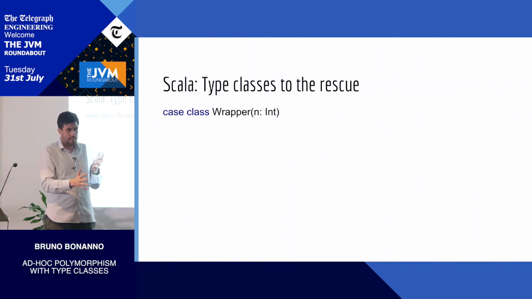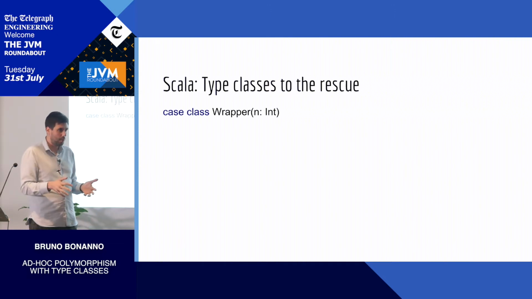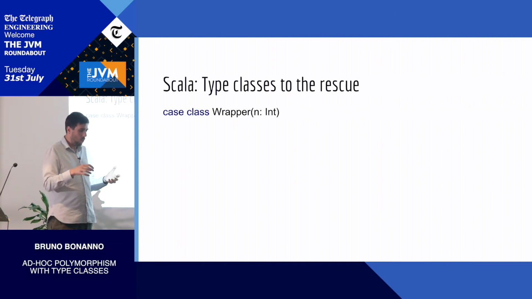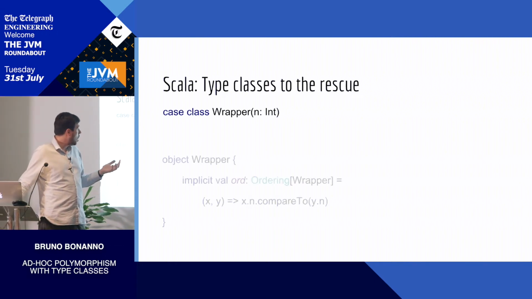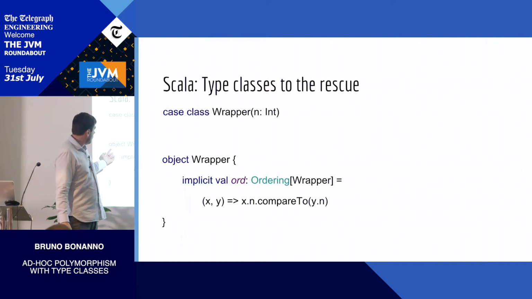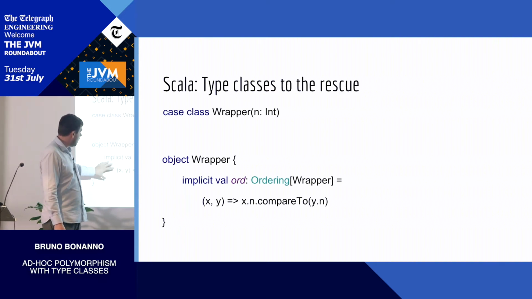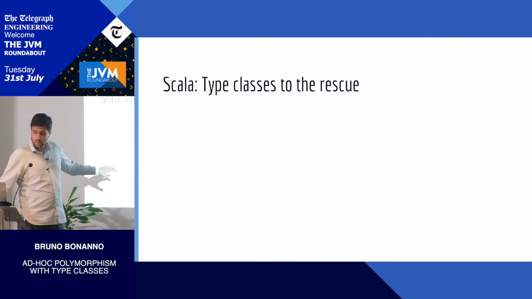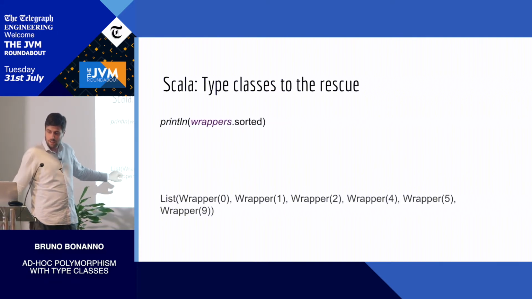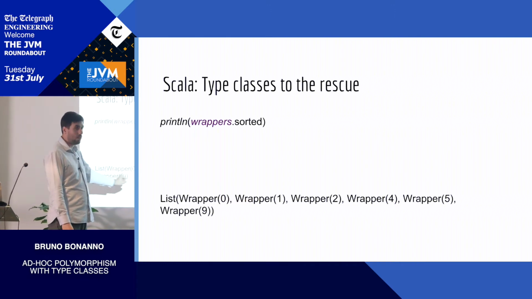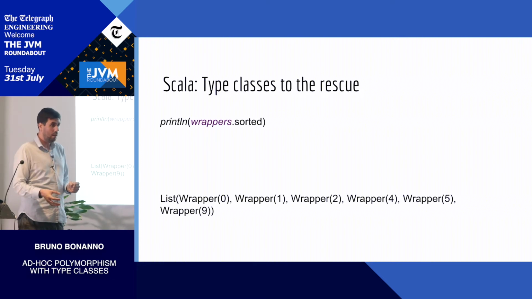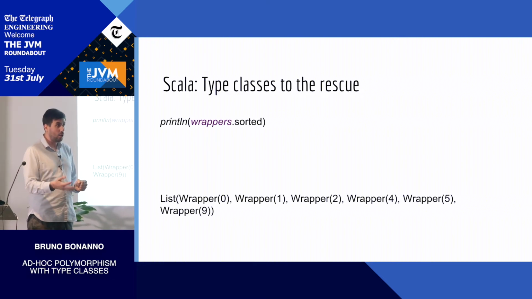So it's more or less like having a static, but in a pure object-oriented way. So what the compiler is going to do is say, okay, for this type wrapper, if we go to the companion object and define the ordering in here, that means that after we do that, we can just ask for the wrappers to be sorted, and it's going to work without us having to define an ordering for it.